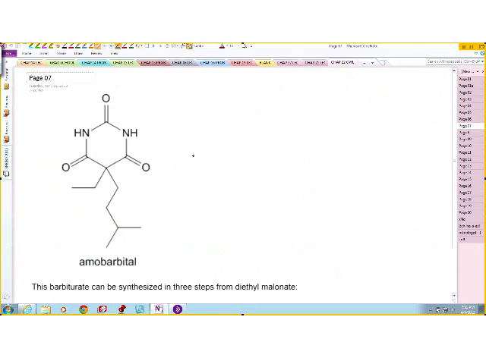This molecule here, called amobarbital. Amobarbital is used as a hypnotic drug.